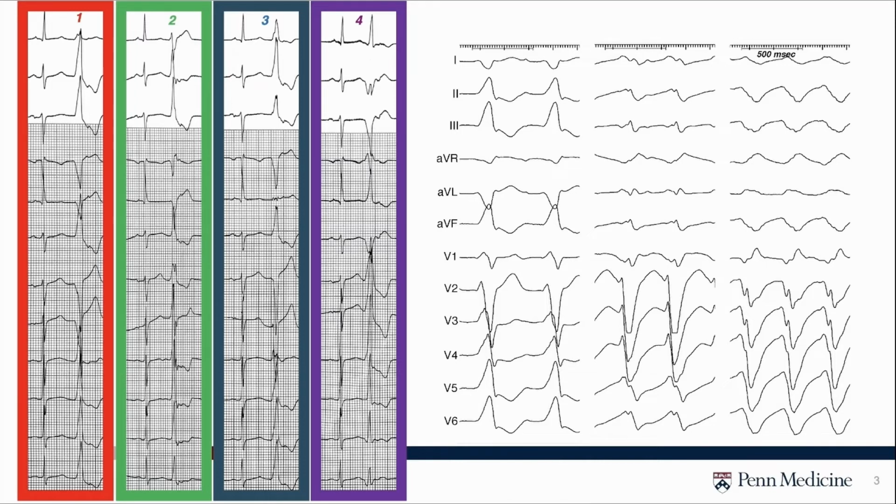But then you can see there are other 2 flavors of outflow tract PVC. It's a right bundle, more narrow PVC, probably closer to the conduction system, and a third PVC, which has a later transition and is way more positive in 1, probably puts this closer to the parahisian region on the right side.